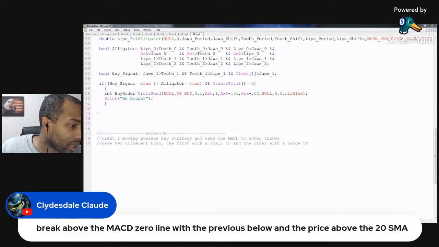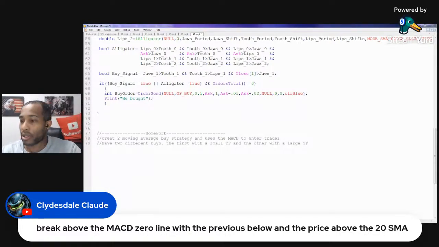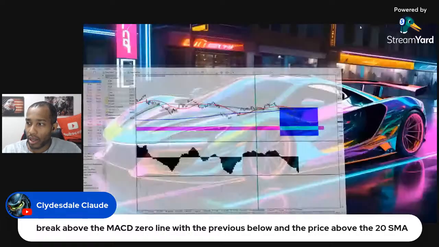Here's the homework, guys. If you have any questions, let me know. It's pretty easy. Just create a moving average strategy, add the MACD like we discussed, and let's see how it trades in a strategy tester to see if it makes money or not.